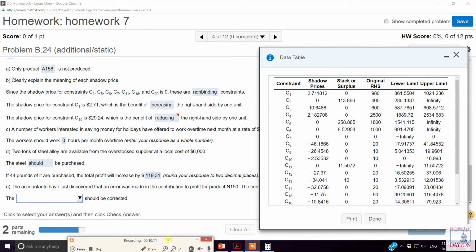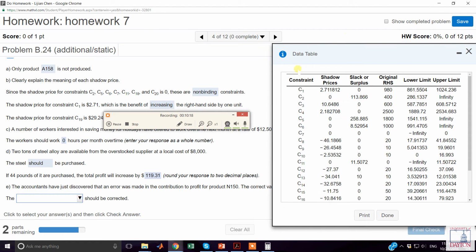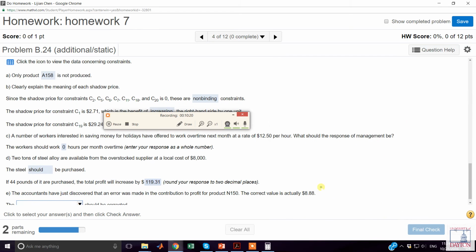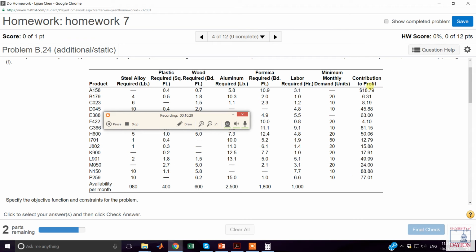Oh, there are so many questions. Okay, so the accountant just discovered an error made in the distribution. They say, oh, I'm sorry, look at our original data. The contribution per unit for the end product is not actually 88.88 cents, it's actually 8.88.